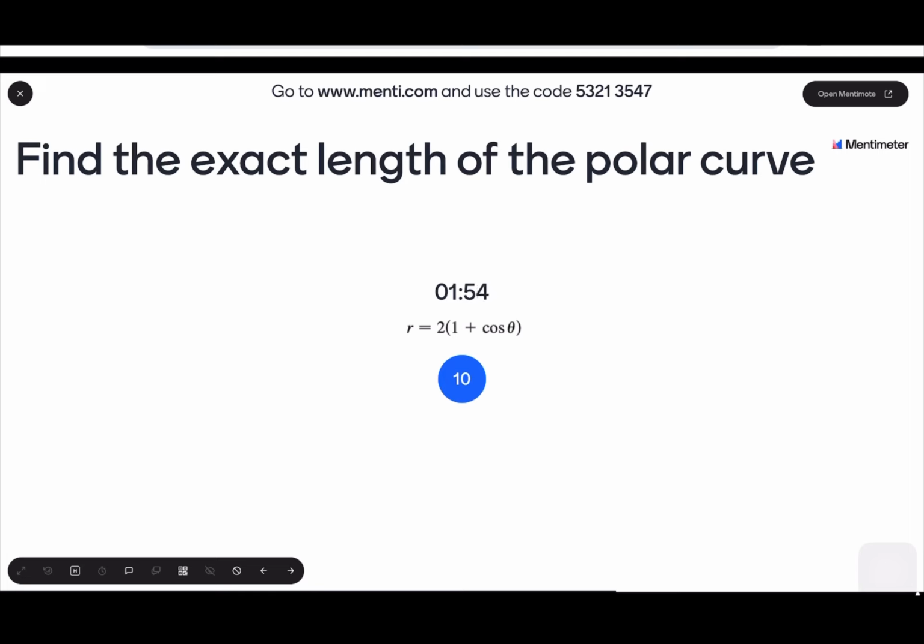So if there is no mention of theta, you can imagine from 0 to 2 pi.